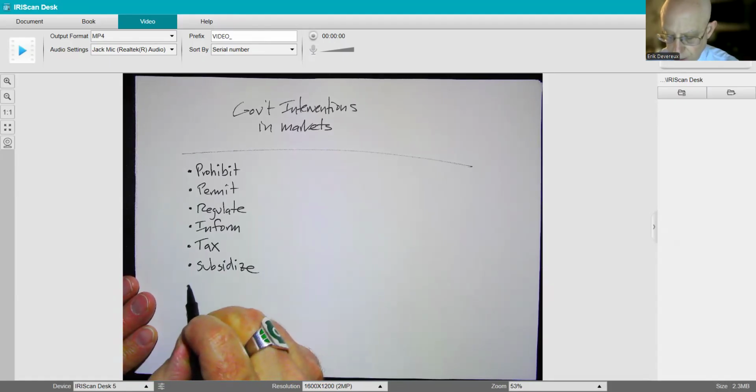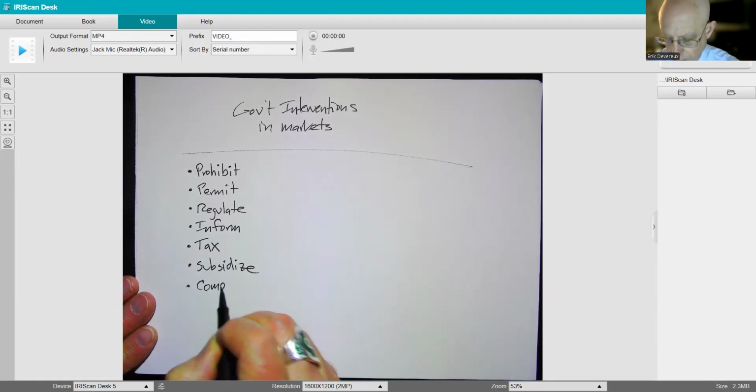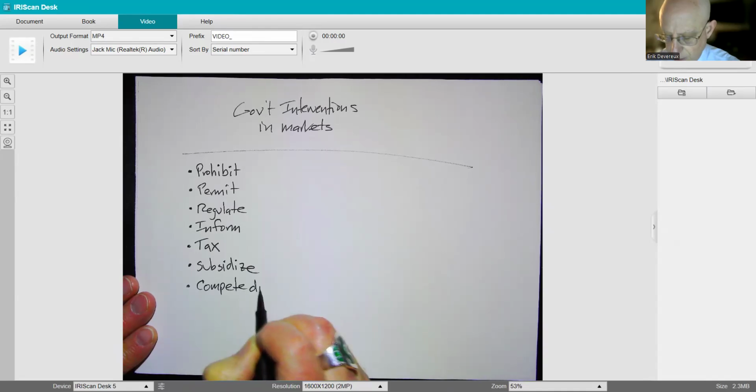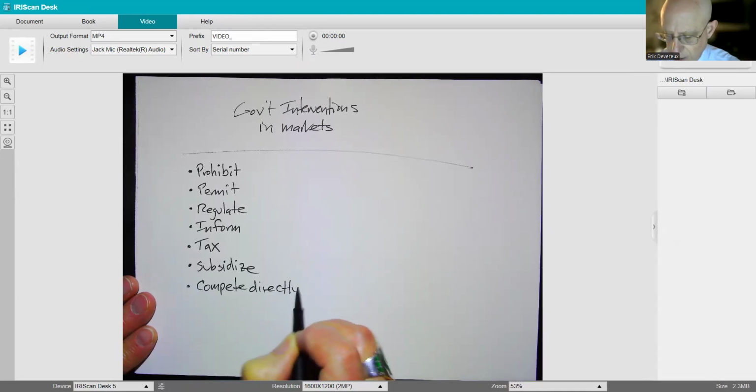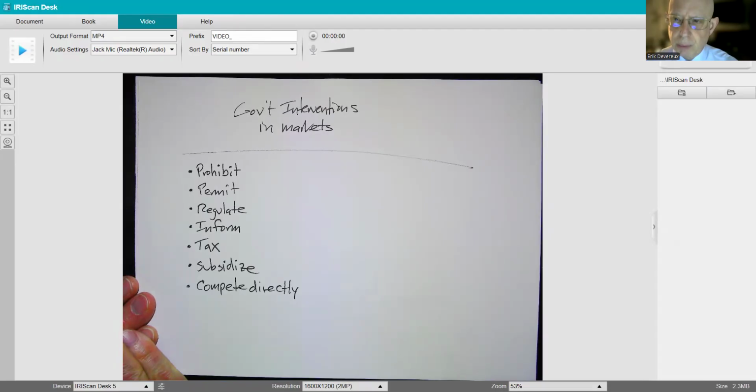And then something else that governments can do, often very controversial, is governments can compete directly with private producers in the marketplace. This often generates a lot of activity in the courts in the United States, but it does occur.